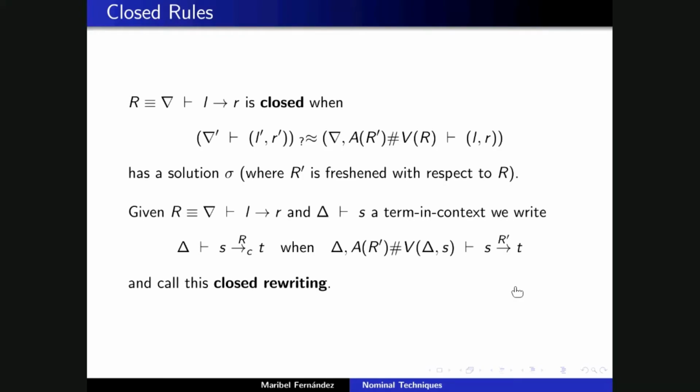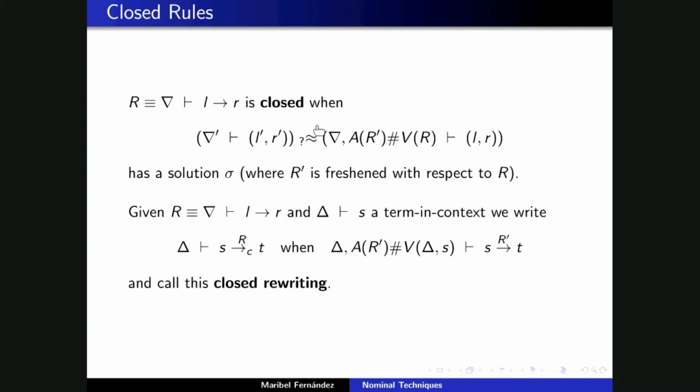It turns out that a rule is closed if it matches with a renamed version of the rule. So this complicated definition here, all it's saying is that you take a rule, you create a version of the rule where you rename all the atoms. So you take new versions of all the atoms and variables while you're at it.